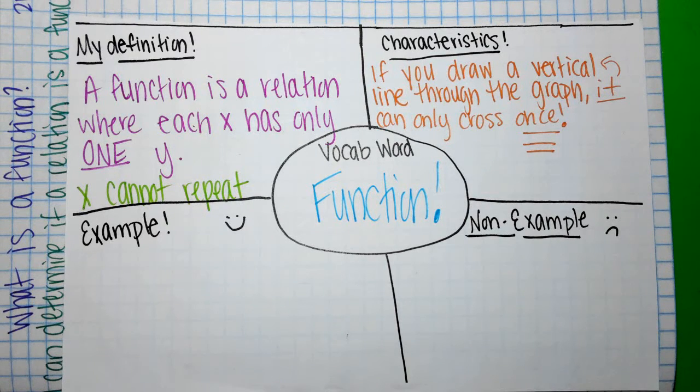And we're going to talk about what that looks like and what that means. So don't worry if you don't quite understand yet. I'm going to draw you an example. You're going to need 3 different color markers.